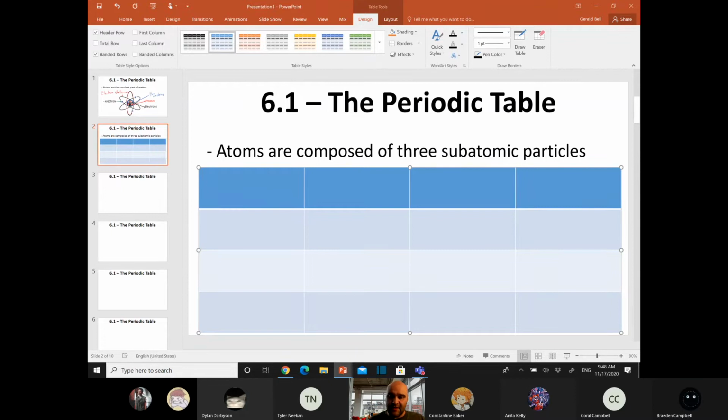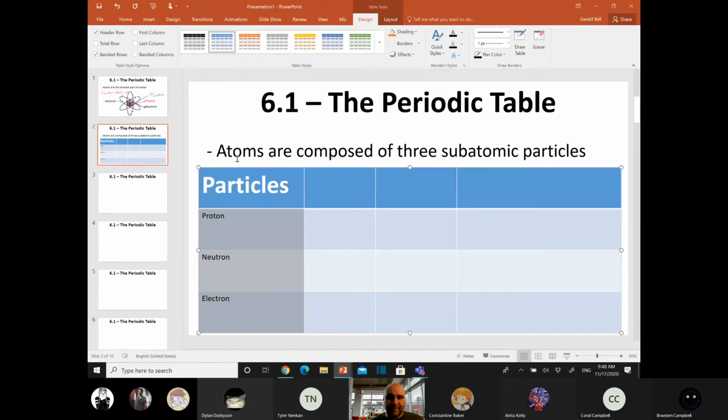So we're going to put, I'll make this bigger in a second here, particles. And in no particular order here, we'll do the proton first. We'll do the neutron next. And then we'll end with the electron. And I'm actually going to shorten those 2 columns. I'll leave the last column a little bit bigger.